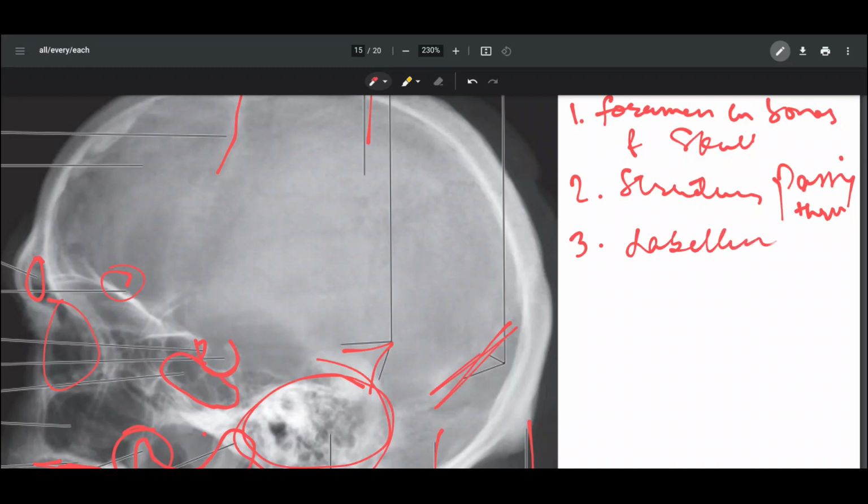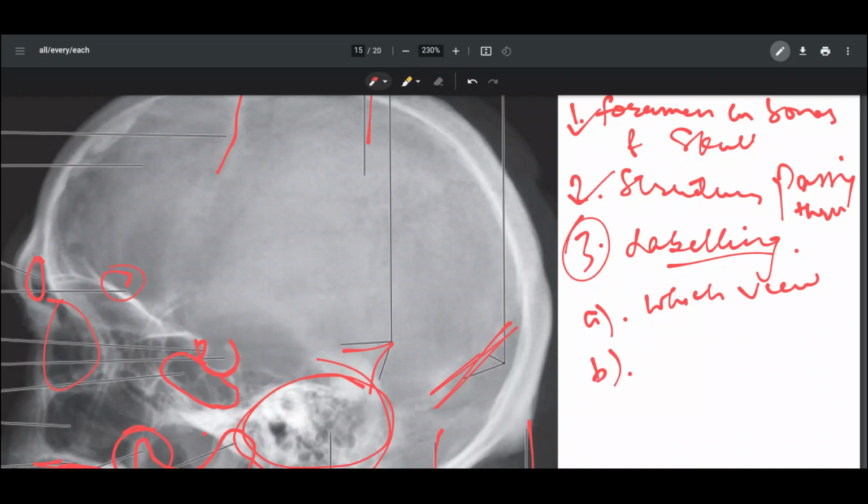Number three is labeling. For labeling, what is important is first how to do labeling. First, you should know which view is being shown. Next, which bone it is. Then you deduce the bone.